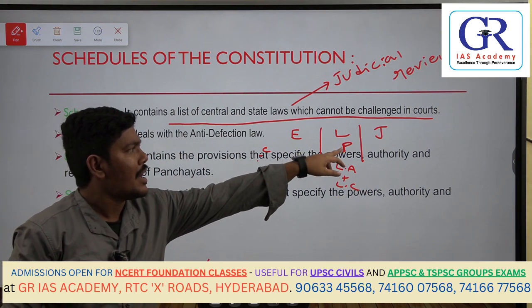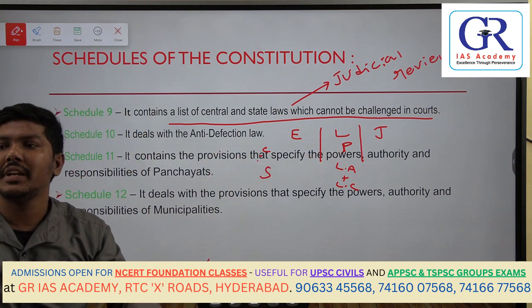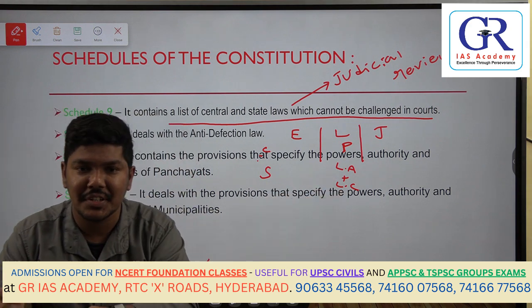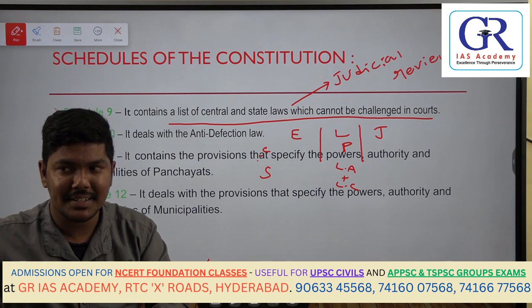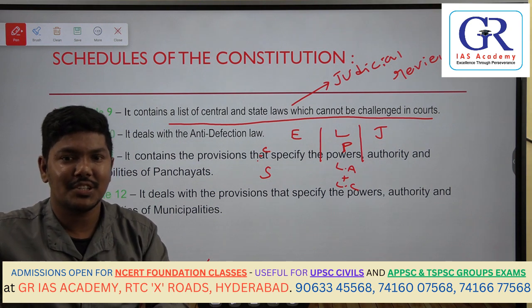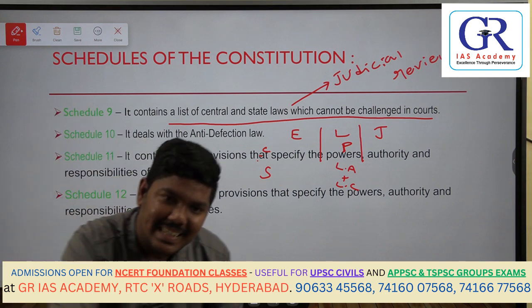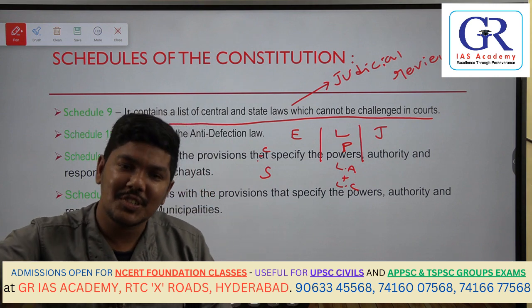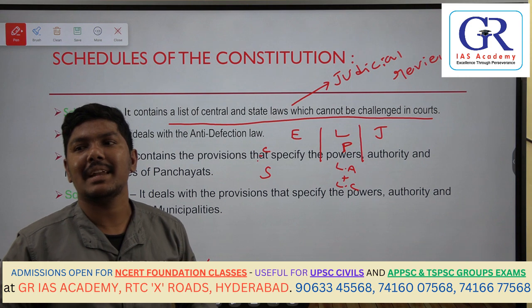Now can I say that Parliament will make the laws on the subjects mentioned in the union list? True. State legislature can make the laws on the subjects mentioned in the state list as well as the concurrent list. Later on, which law will prevail, that is secondary. But on the concurrent list as well, state legislature can make the laws.